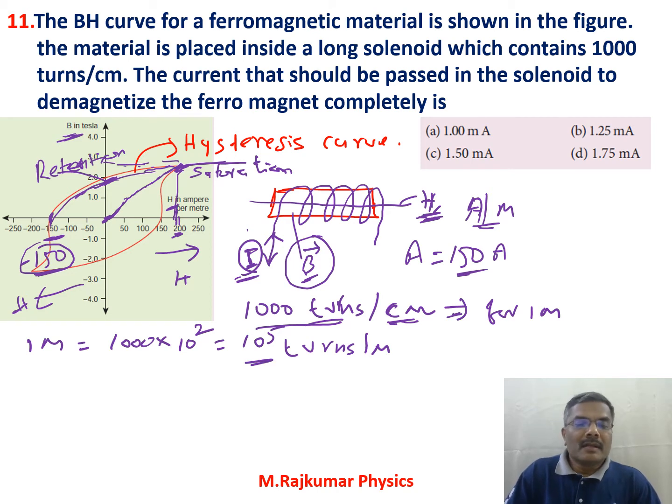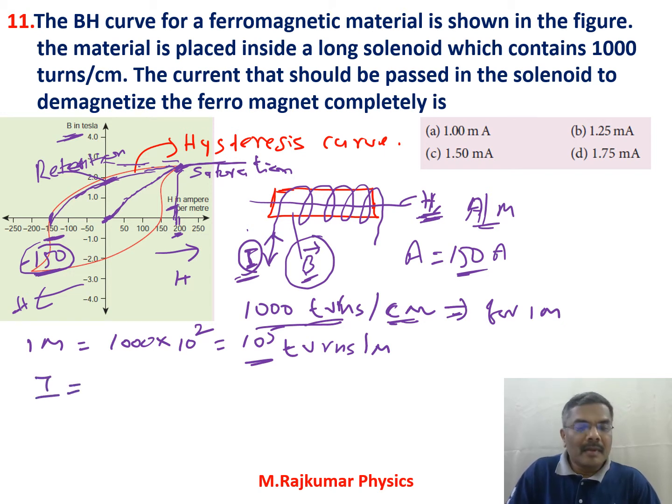So in this solenoid, these 10 power 5 turns take 150 amperes. So how much current should be passed for one turn to demagnetize a ferromagnet completely?